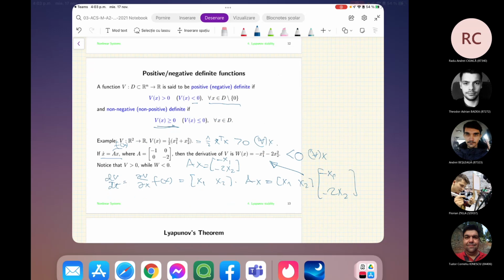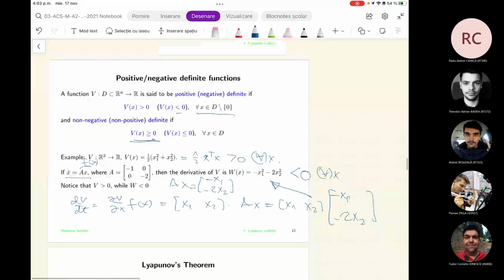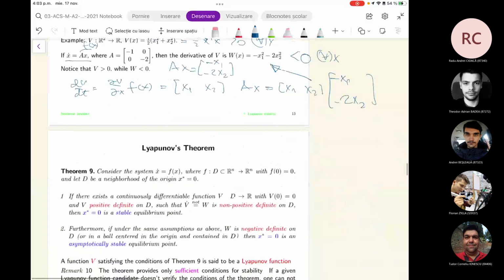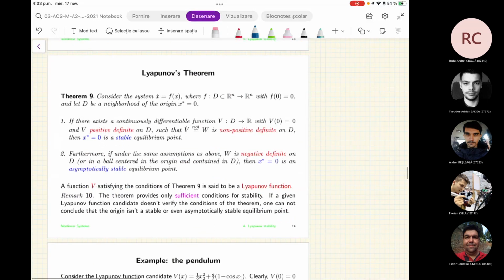And now we now have the main result. And we stop here and try to do an example. Consider a nonlinear system x dot is f(x), where f is nicely defined with the equilibrium point in the origin.